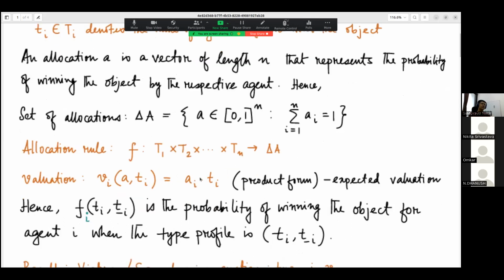So what will be the expected valuation of an agent? This is just the probability that it wins the object multiplied by the value that he has for that object. So ai times ti is the value for that agent under this allocation A. We just follow.